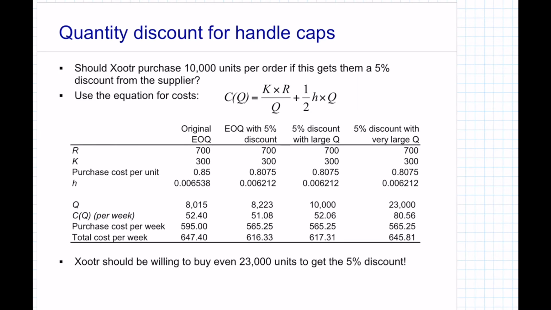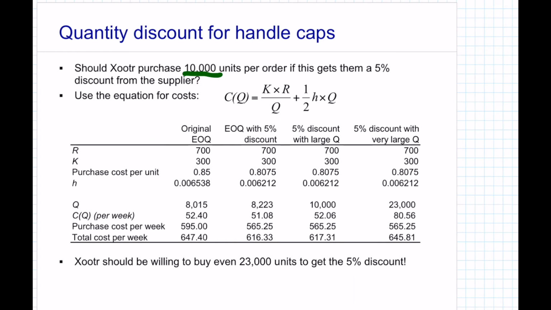Coming back to the scooter example, now suppose one of the suppliers offers a 5% discount if the order quantity is 10,000 units per order. So if we do the math, we can get an answer. In the calculations, you can see that when Q is 10,000, the total cost per week is 617.31.